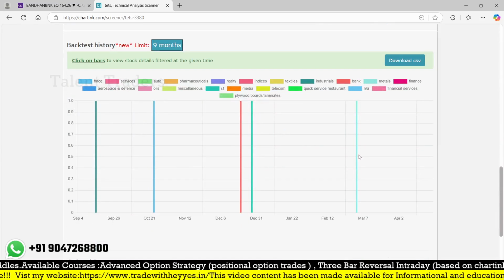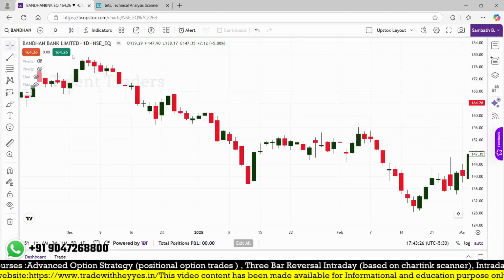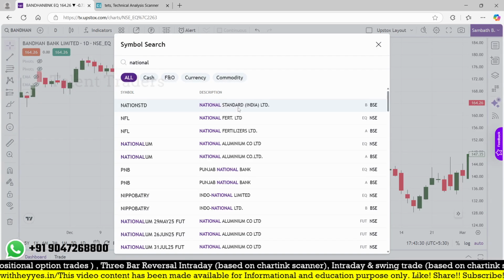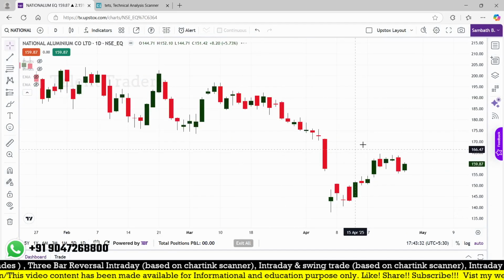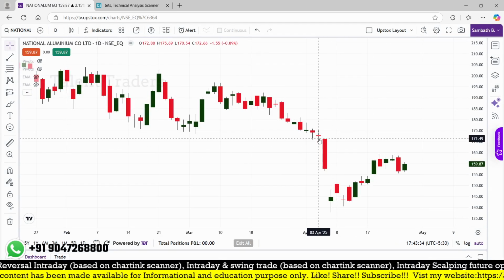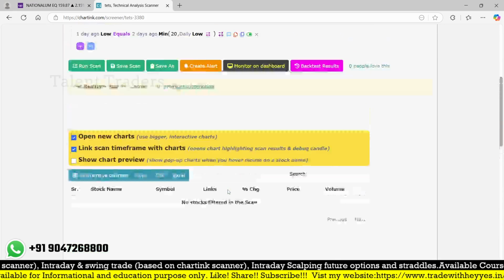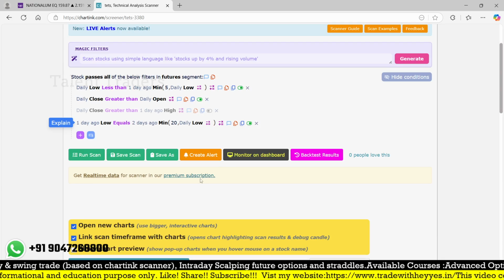Is there any stocks? We have some stocks. National Aluminium 43. No. So this is not working.